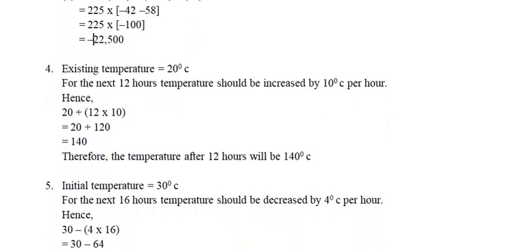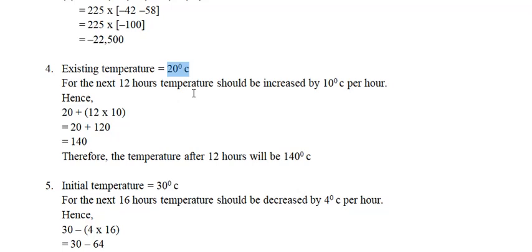Now in question number 4, it's a word problem. A heating process in an industrial plant requires the temperature to be increased from 20 degrees Celsius by 10 degrees Celsius every hour. What will be the temperature after 12 hours? So the initial temperature is already 20 degrees Celsius, and you need to increase the temperature every hour by 10 degrees Celsius.